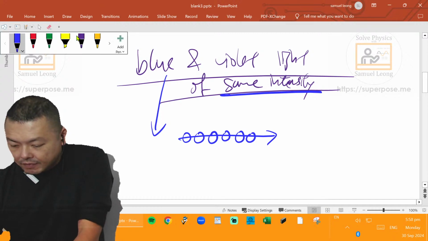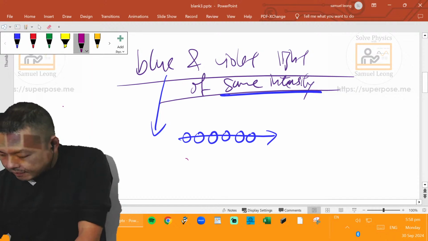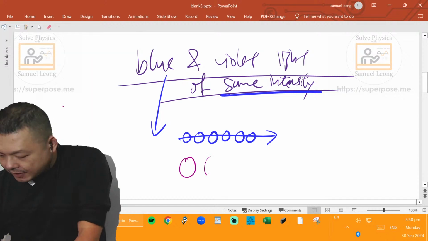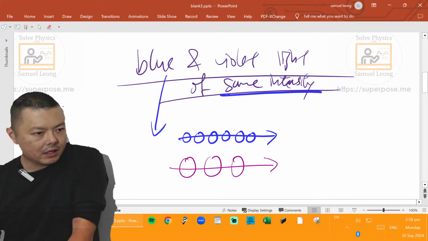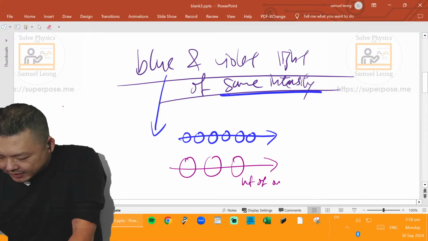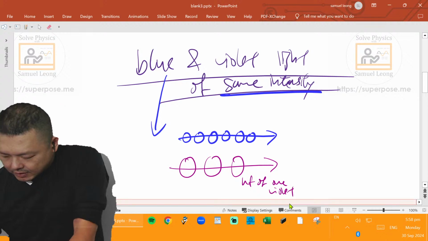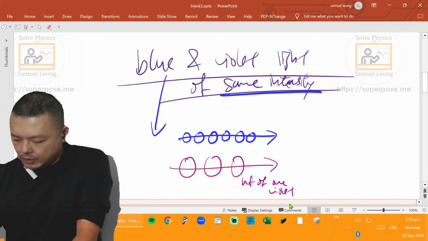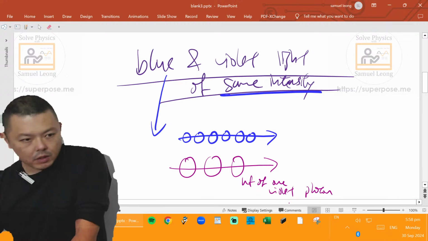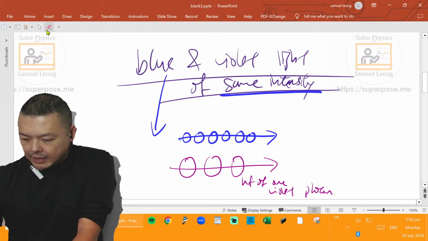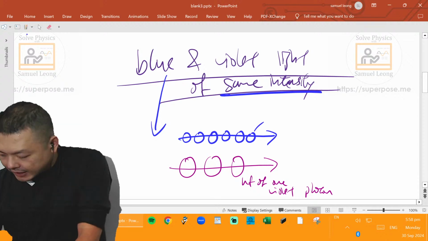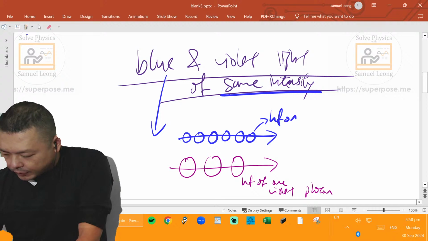Violet will have higher energy photons. This is the HF of one violet photon, the energy of one violet photon. And this one will be the HF of one blue photon.